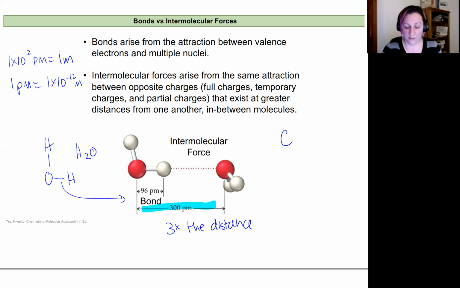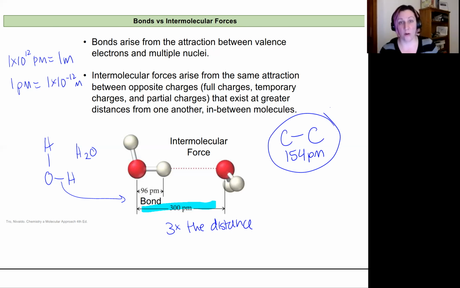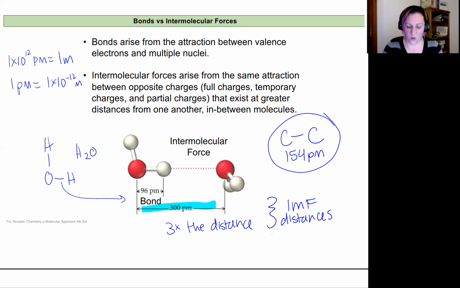But for reference, a carbon-carbon single bond would be something on the order of 154 picometers. And so our intermolecular forces are going to need to be about 175 picometers or greater in distance. So these IMF distances will be more than 175 picometers typically. And this is hugely ballpark.